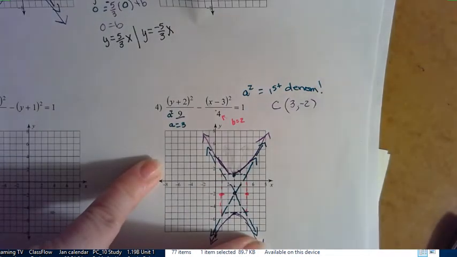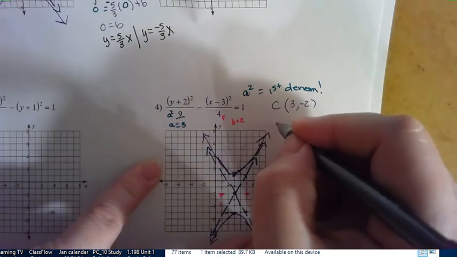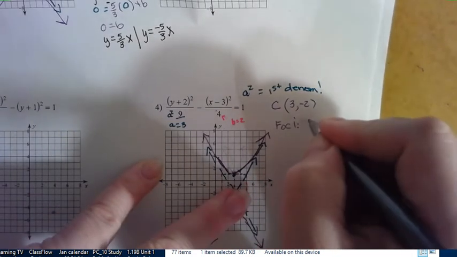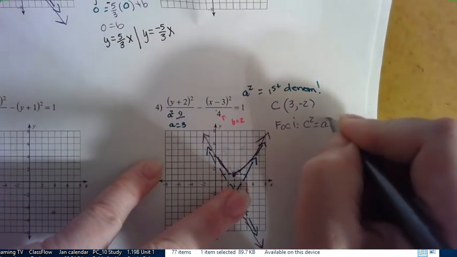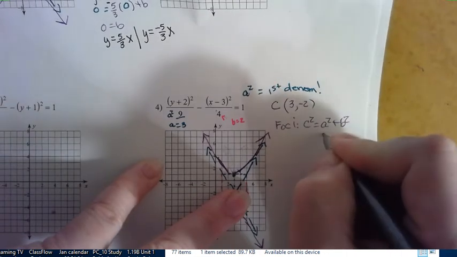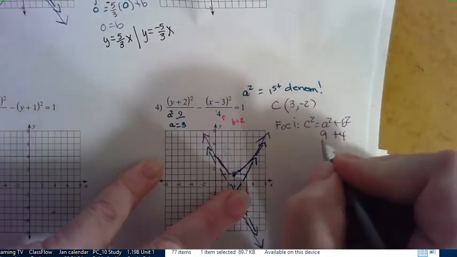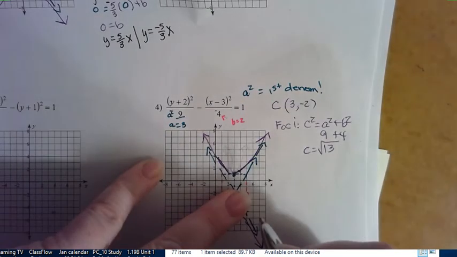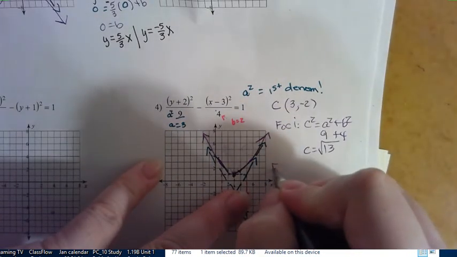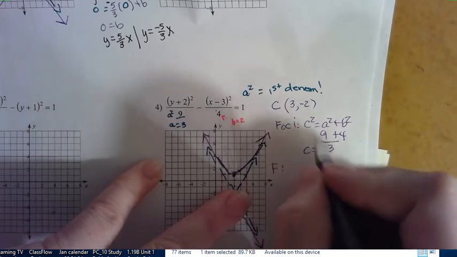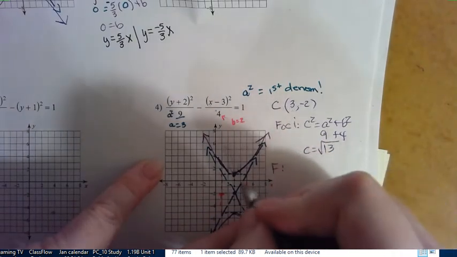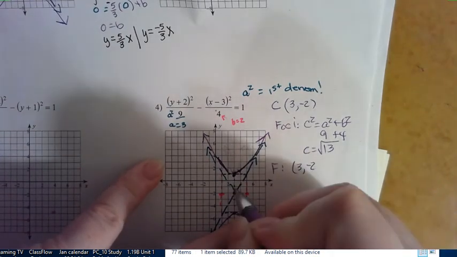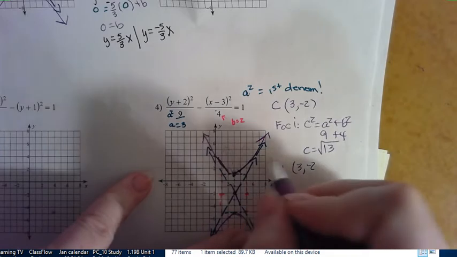Let's go ahead, find the foci just so that if you want it, you can have it. The foci are found from c squared equals a squared plus b squared. Well, that's going to be 9 plus 4, which is 13. So c is the square root of 13. So your foci would be found at, this is going in a y direction, so it's 3 and negative 2, and it's the negative 2 that we're going to add and subtract to.